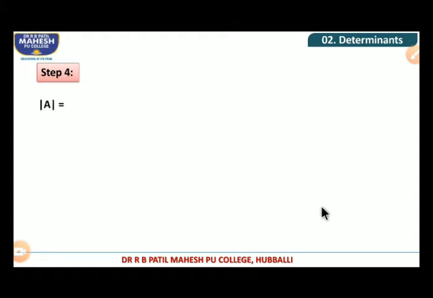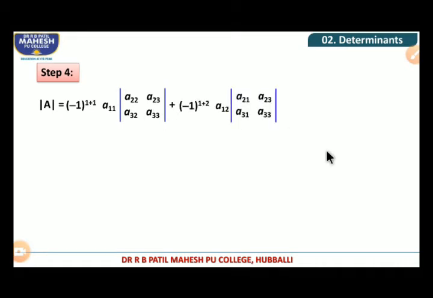So we can take the determinant of A as exactly equal to (-1) to the power 1 plus 1 into A11 into the determinant A22, A23, A32, A33, plus (-1) to the power 1 plus 2 into A12 multiplied with the determinant A21, A23, A31, A33, plus (-1) to the power 1 plus 3 into A13 into the determinant A21, A22, A31, A32.